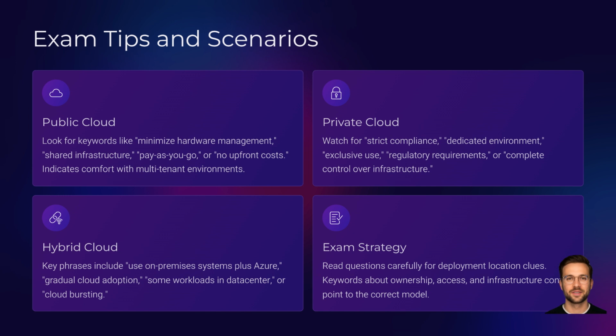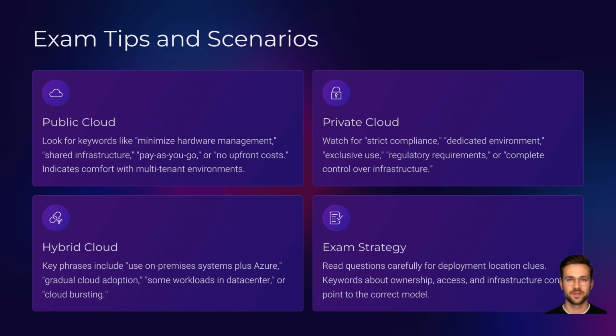In many AZ-900 questions, you will see short scenarios such as: a company wants to minimize the time spent managing hardware and is comfortable using shared infrastructure operated by a cloud provider. This describes public cloud. A government agency must run workloads in a dedicated environment to meet strict compliance requirements, and cannot share infrastructure with other organizations.